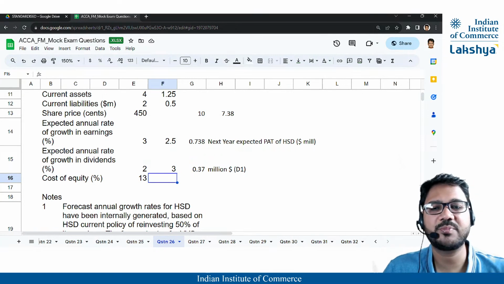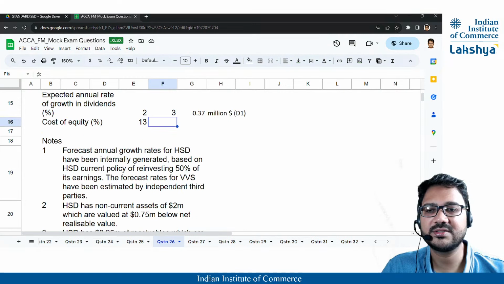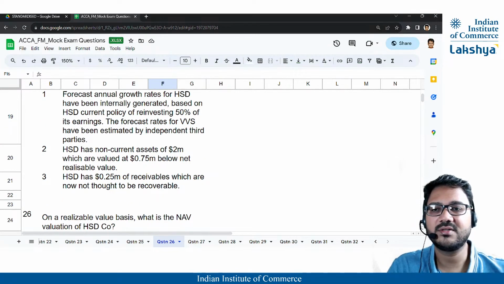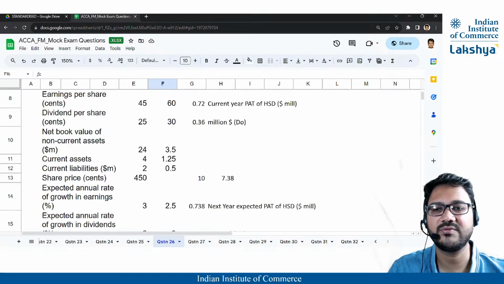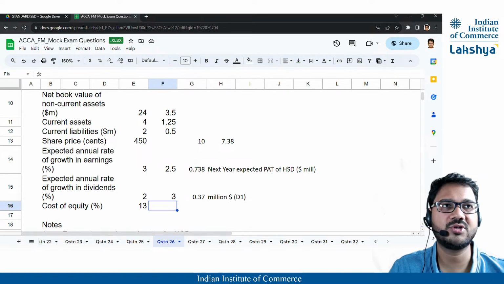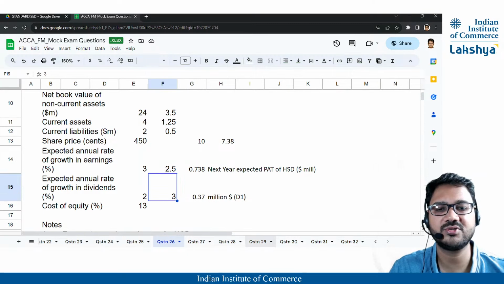We are using it as a proxy cost of equity because nowhere else have they given us any information for it. So we can use 13% as cost of equity, and growth rate is 3%. So we can just use that formula.